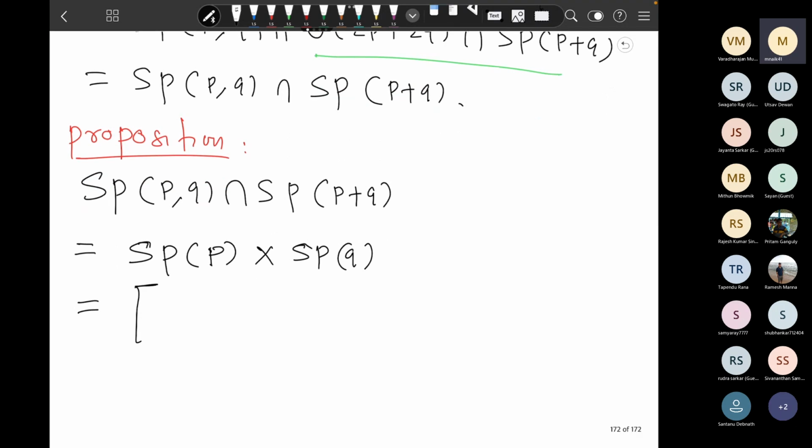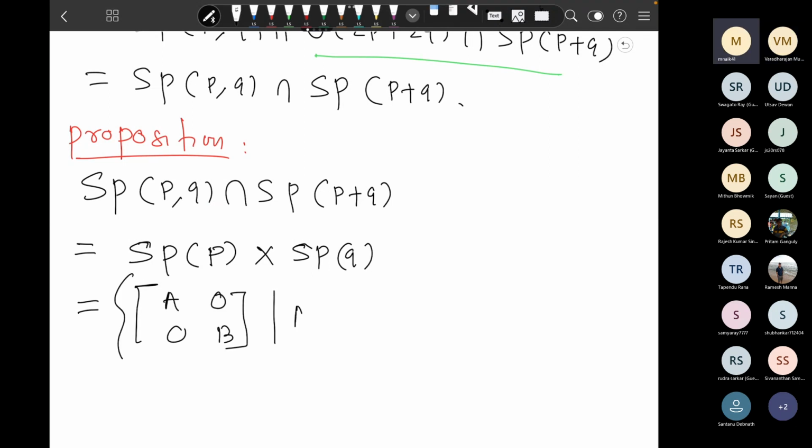Okay, this is the same thing as in the O(P,Q) or U(P,Q) case. So this will be A, B, so that A belongs to SP(P), B belongs to SP(Q). Okay.